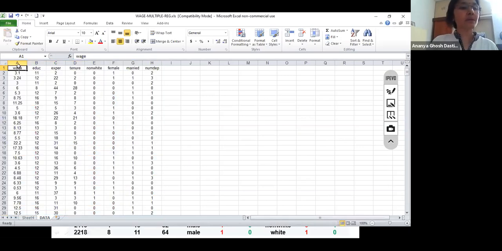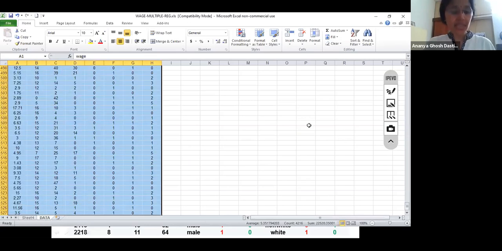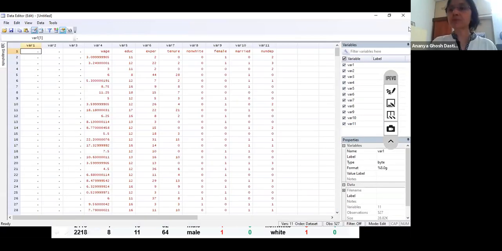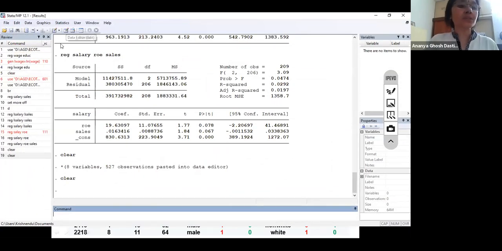Okay. So, you know, this may have something to do with the Excel file itself. The Excel file was actually saved in an old version of Excel, and that is why I may be getting an error message. So I will just type clear and the data goes away.